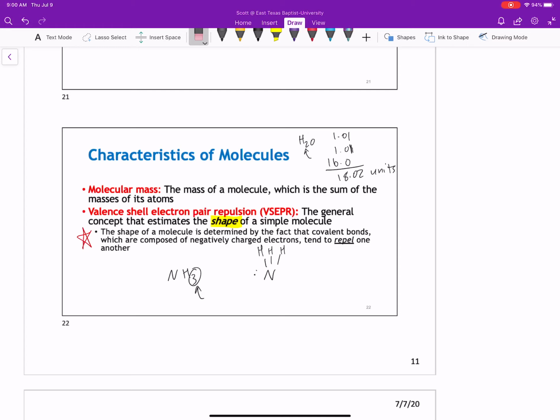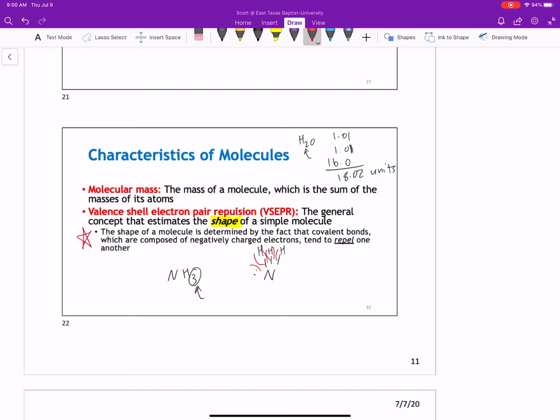Now, notice that this particular nitrogen-hydrogen bond is right next to this particular nitrogen-hydrogen bond, each of which has 2 electrons per bond. They are going to repel each other. They don't like being there. And the same thing goes for there, and then the same thing goes for there. Electrons don't like being near each other, just like the same ends of 2 different bar magnets don't like being near each other. They repel, they do not attract.